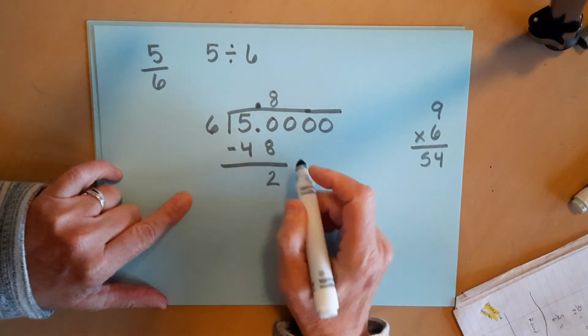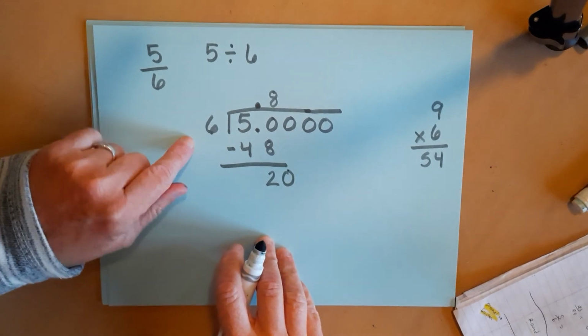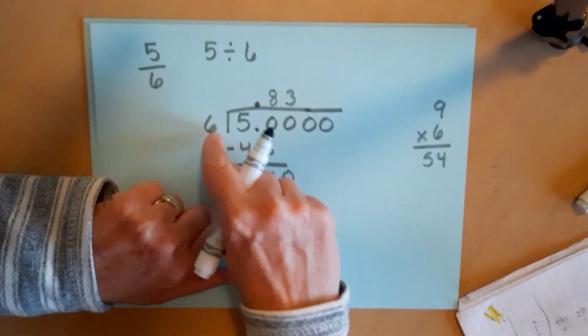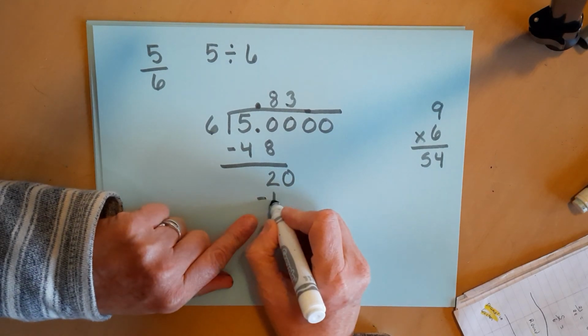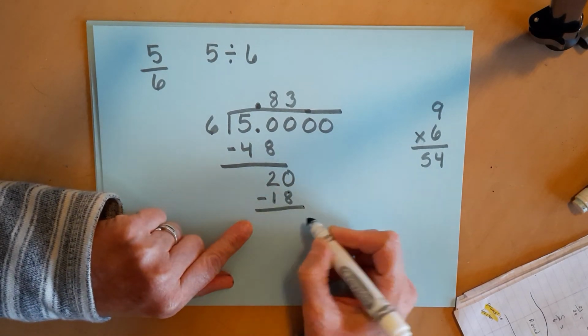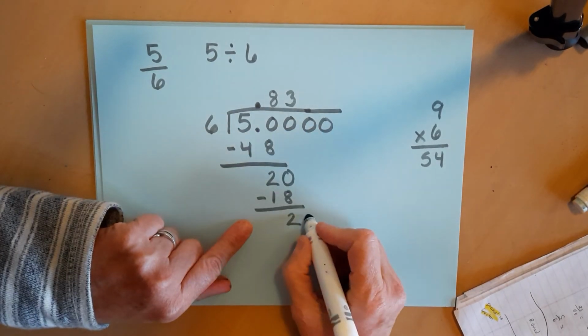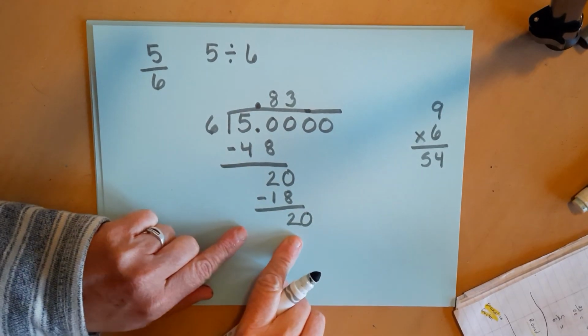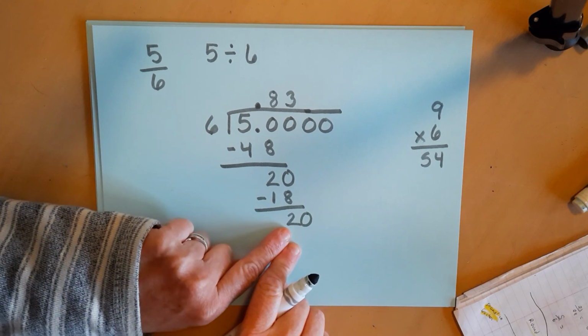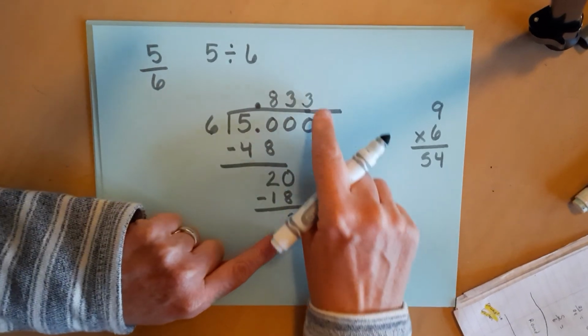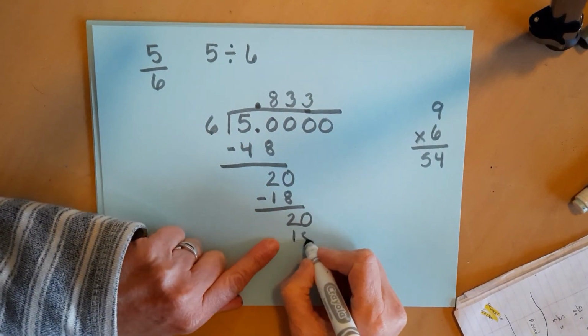Now we bring down the 0. 6 goes into 20 3 times. 3 times 6 is 18. So we subtract 18. If you look, 20 minus 18 equals 2. So we'll bring down another 0. Look what happens. We have 6 into 20 again. 6 goes into 20 3 times, like we said before. 3 times 6 is 18.